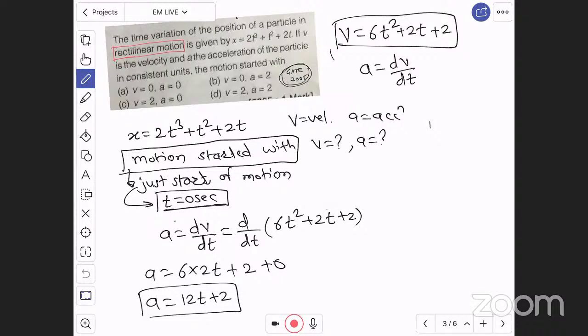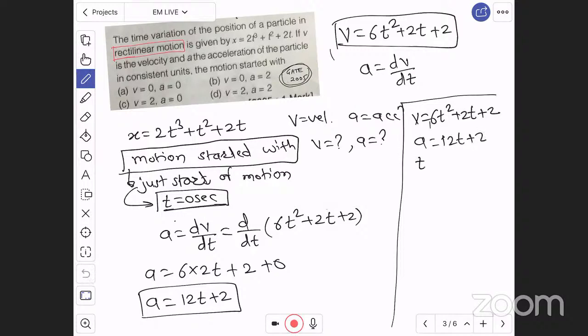So my dear students, we have derived the velocity equation and acceleration equation, that is velocity is equal to 6t square plus 2t plus 2 and acceleration is equal to 12t plus 2. Now motion started with means at time equal to 0 second, what is velocity and acceleration? Therefore put time equal to 0 second in the velocity and acceleration equations.